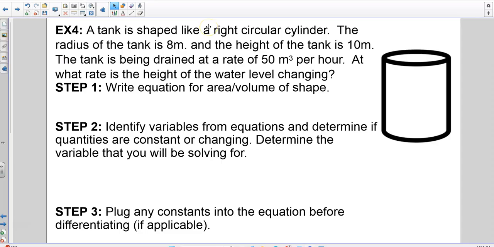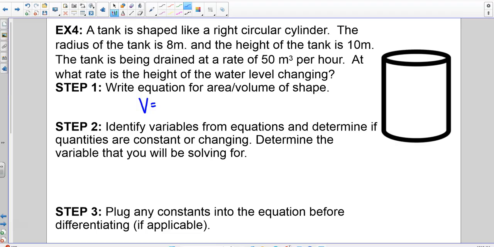Okay, so for this, we need to write the equation of the volume of the shape. For any type of cylinder or prism, like a cylinder, a rectangular prism, a triangular prism, anything where you have a base and then straight sides going up, our volume is the area of the base of the figure times the height.